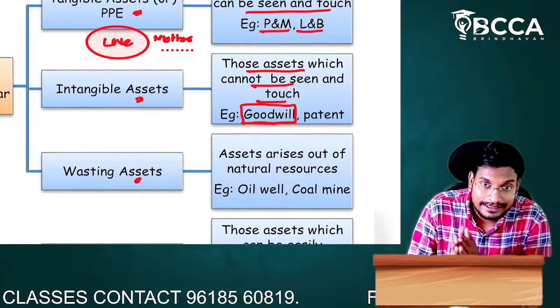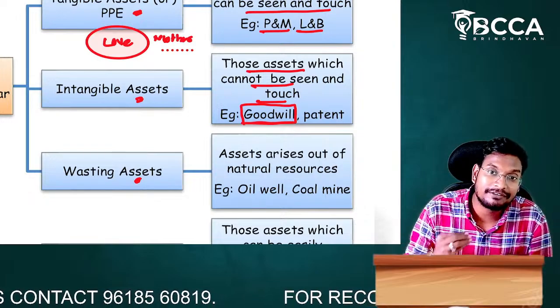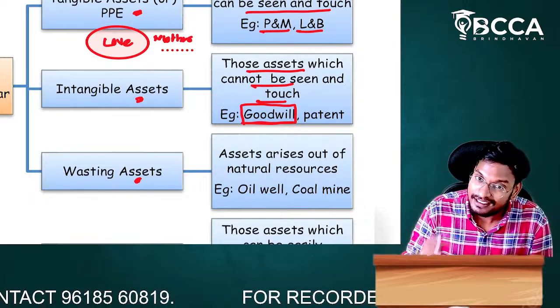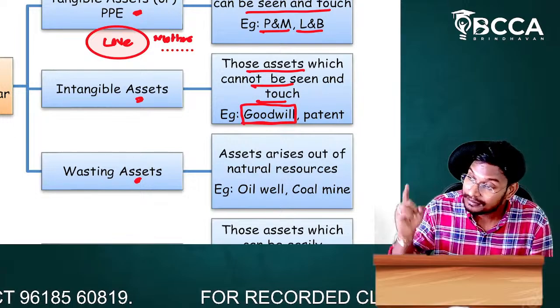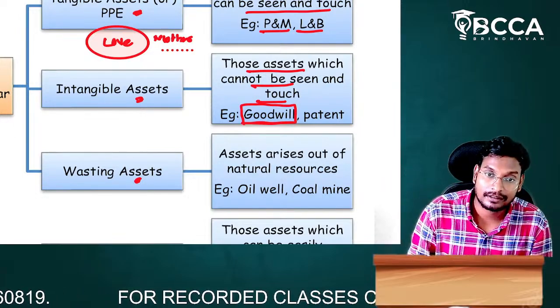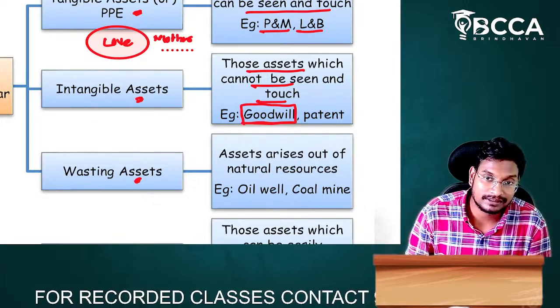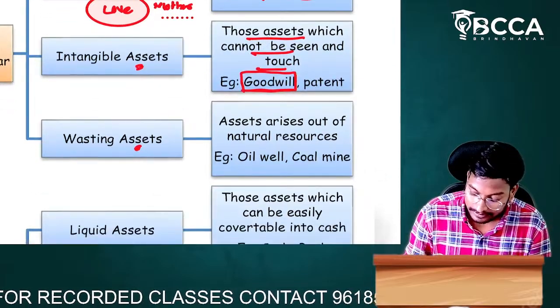It is a non-current asset, but we cannot see or touch it; we can feel that asset. Because of this goodwill, they are providing credit purchase. Okay, sir? So goodwill is called a tangible asset or intangible asset, sir? Intangible asset.